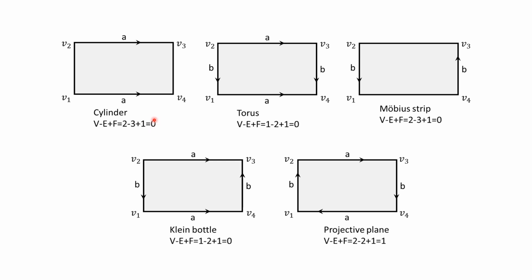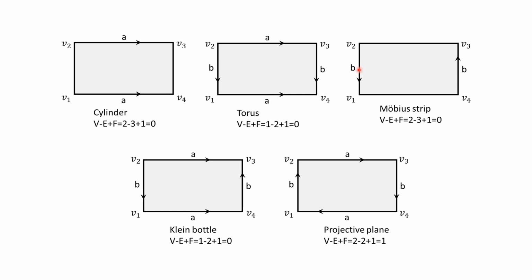And we talked through the fact that the characteristic equals 0 in that case, and then we joined the top and bottom of the cylinder to get a torus, and we reasoned that that had a characteristic of 0. There's other possibilities.